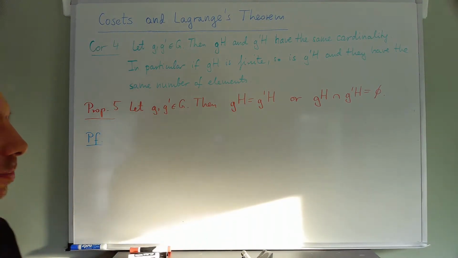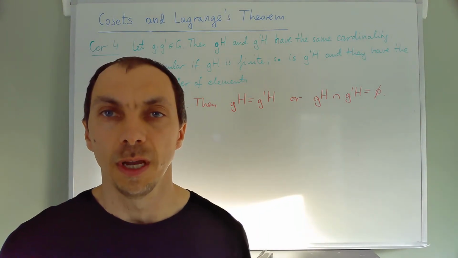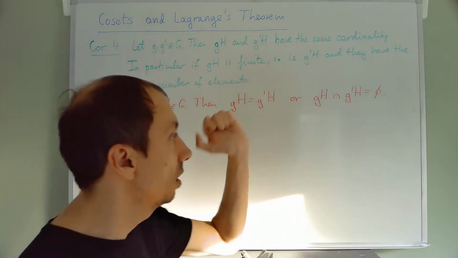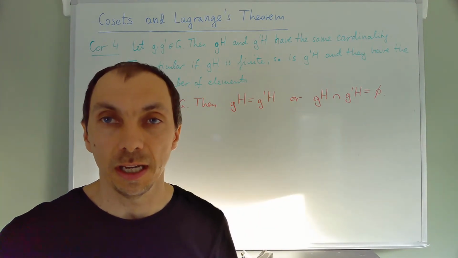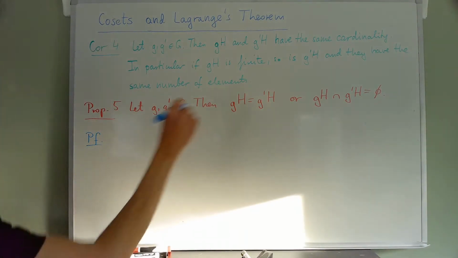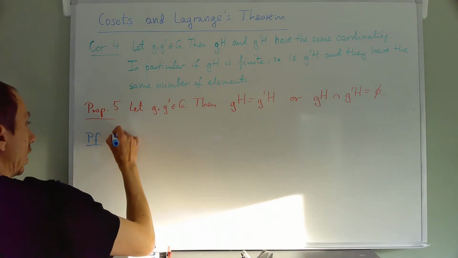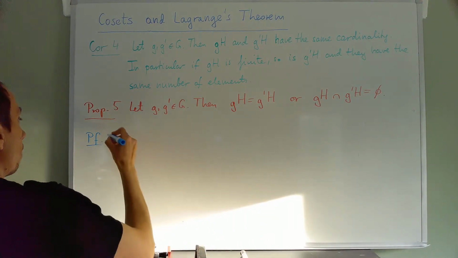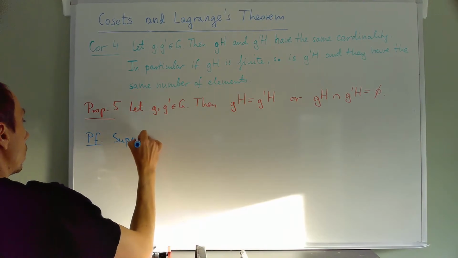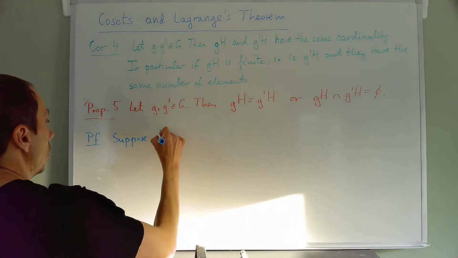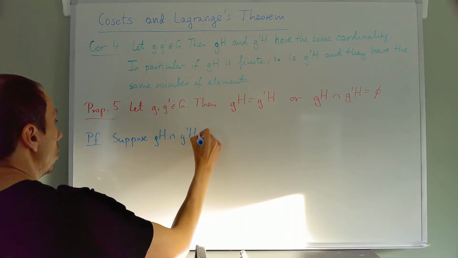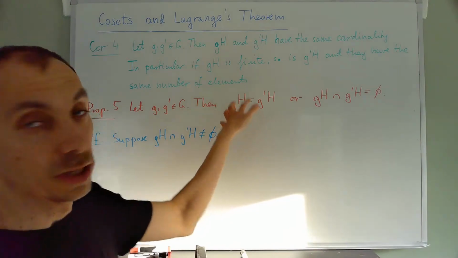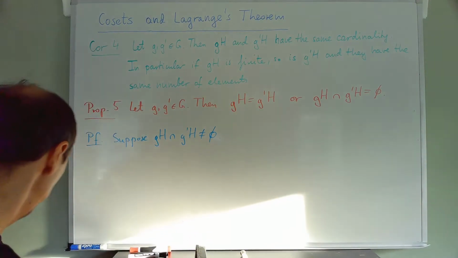How do you prove a statement which has a conclusion of the form either something happens or something else happens? You just assume that one of these things doesn't happen and then show that the other must happen. So let's assume that they have a non-trivial intersection. So suppose gH intersected with g'H is non-empty, and then we'll show that if this happens, then the two cosets are actually equal.